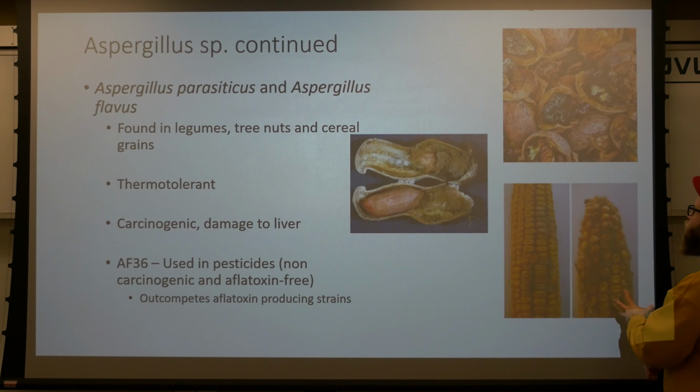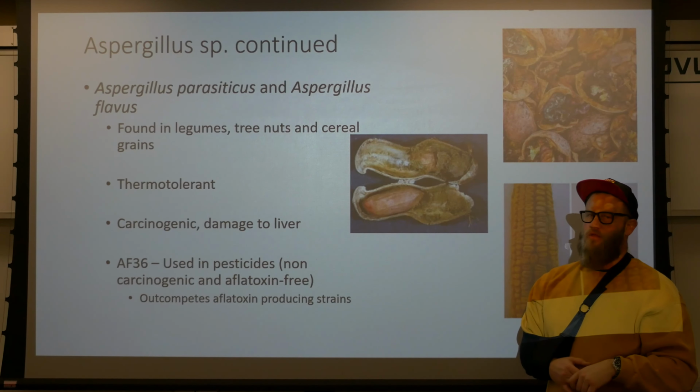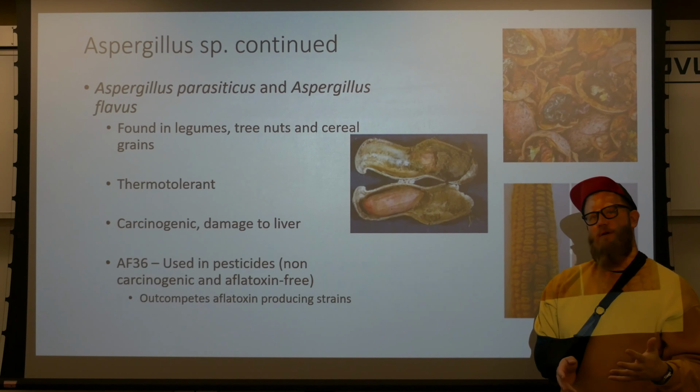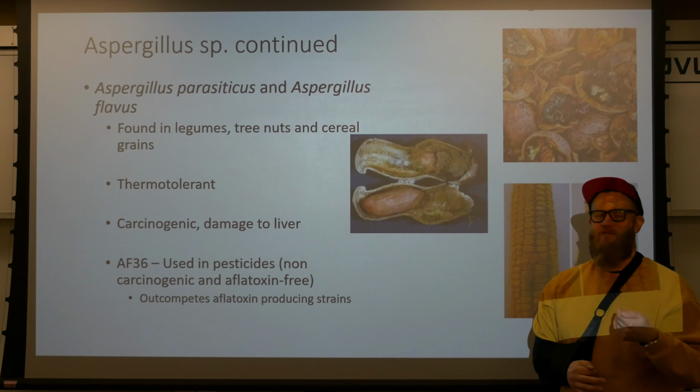Here we have them in corn. Those are pecans. They're a major economic problem because, particularly in Texas with the pecan industry and some other places, they can cause yield loss, as well as make you sick if not caught, and therefore there are limits placed when they're tested by governmental agencies.